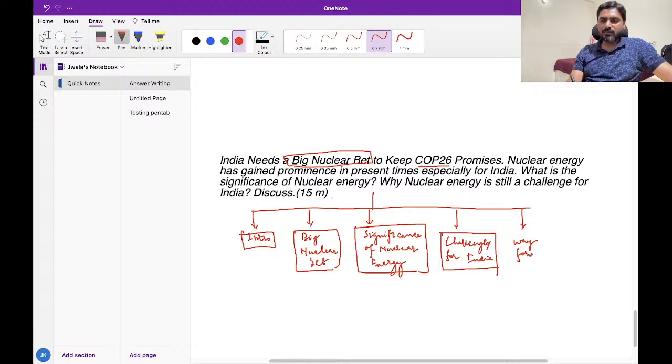Then you can mention the possible way forward, and then you can give a one or two line conclusion. Is the structure clear to all of you?